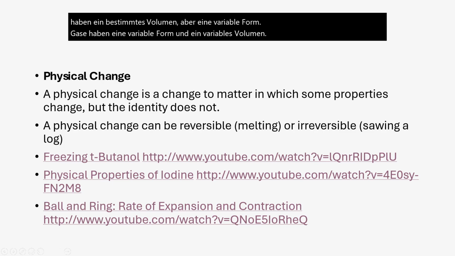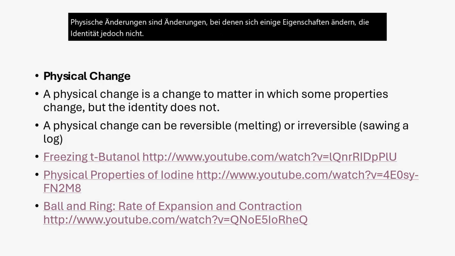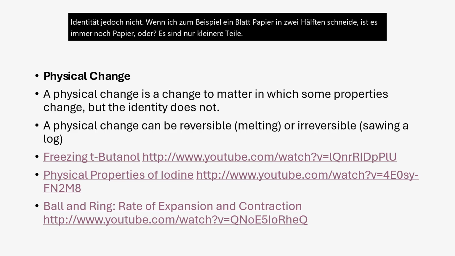Physical changes are changes in which some properties change, but the identity does not. For example, if I cut a piece of paper in half, it is still paper, right? They're just smaller pieces. A physical change is usually reversible, such as melting.